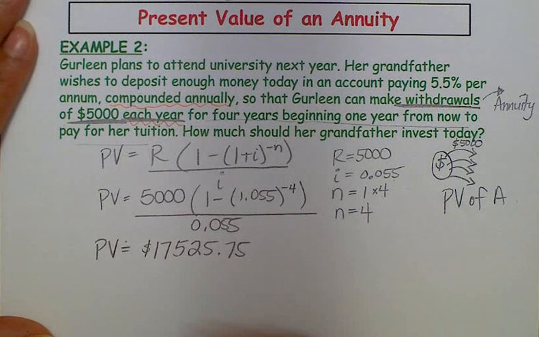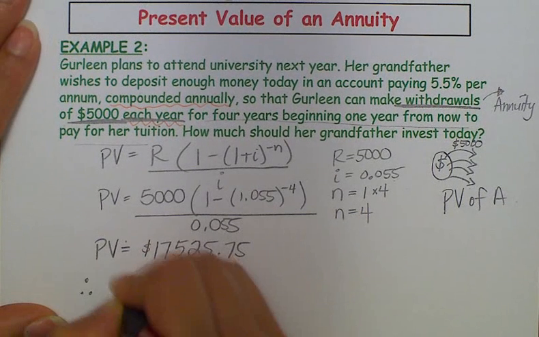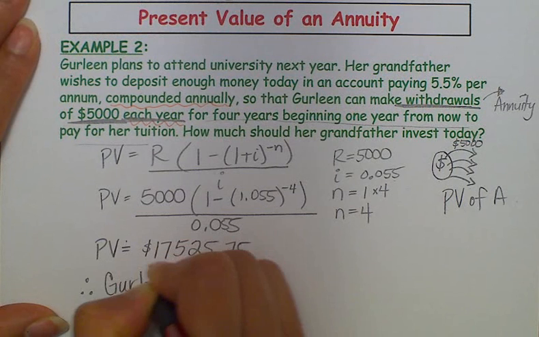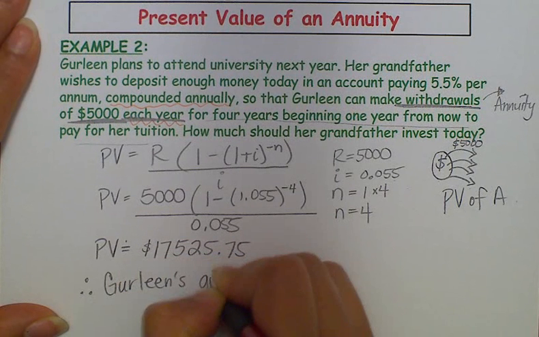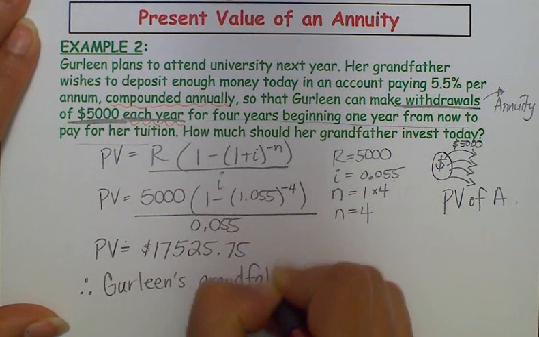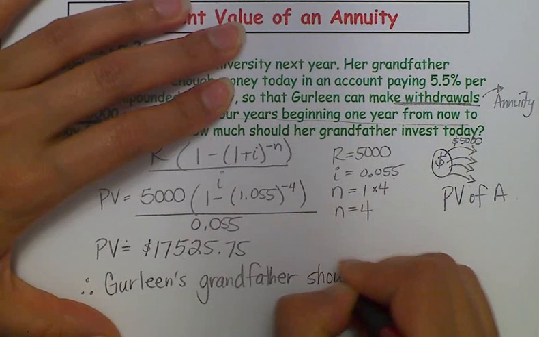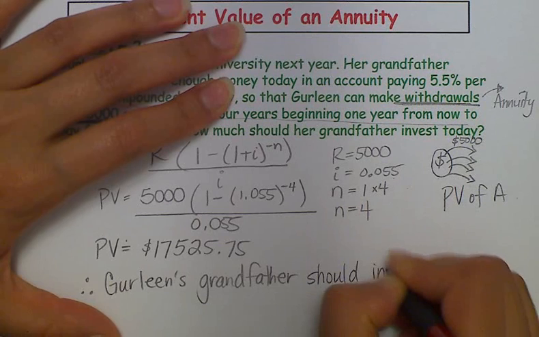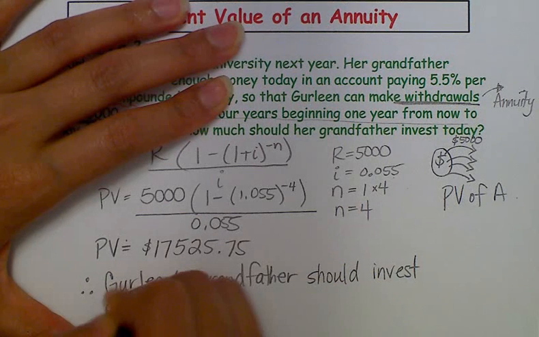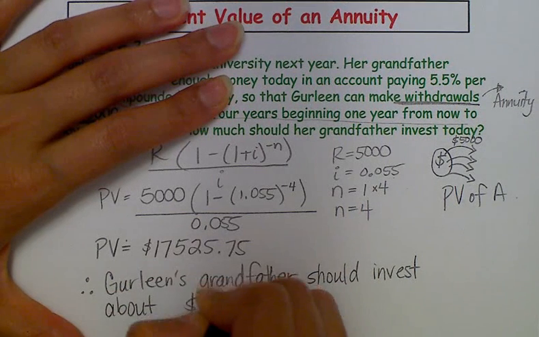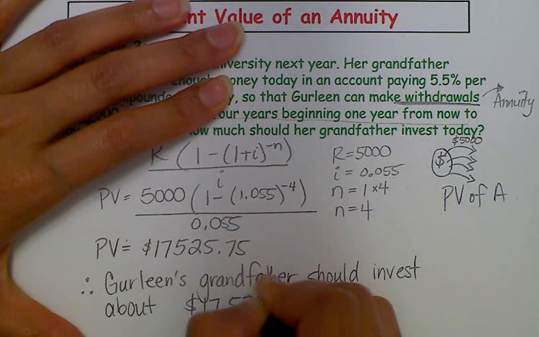Therefore, Gerline's grandfather should invest about $17,525.75 today.